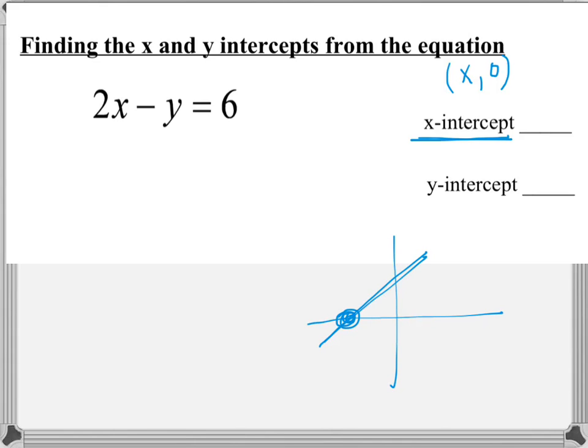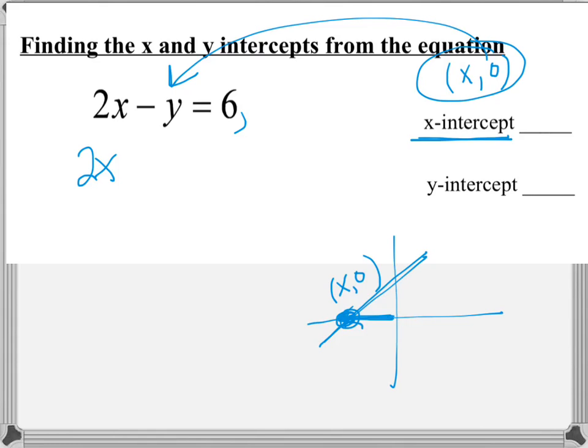The distance away from the origin horizontally is not known, but we know the distance away from the origin vertically. It's always 0. So the x-coordinate is some number we don't know, but the y-coordinate is 0. So all I have to do is plug 0 in for y, because I am looking for the value of x when y is 0. So I'm asking myself, well, what is this?